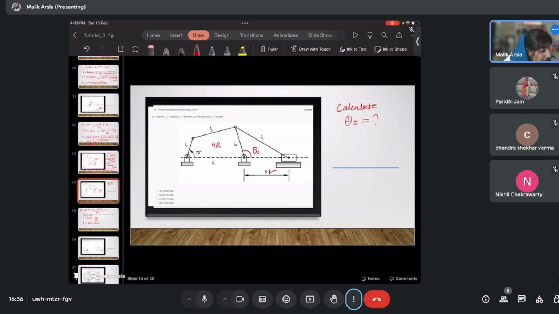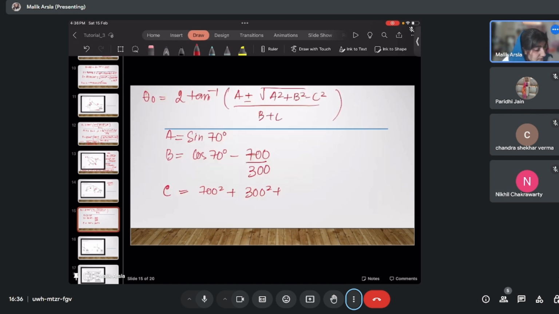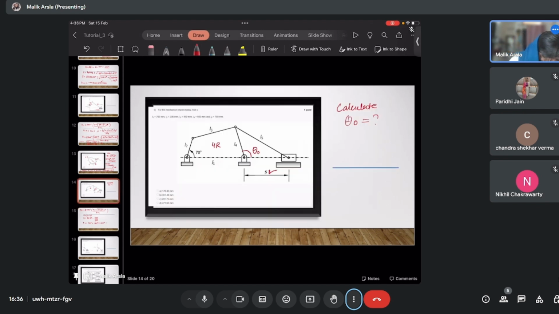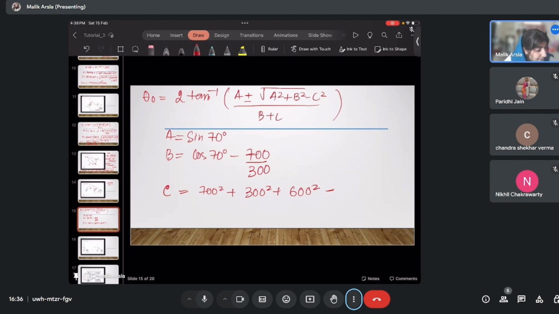L4 is 600, 600 square minus L3 square, and L3 is 450, upon twice L2 into L4, right? These are the values which you put in this equation and you will get two values of theta, right?